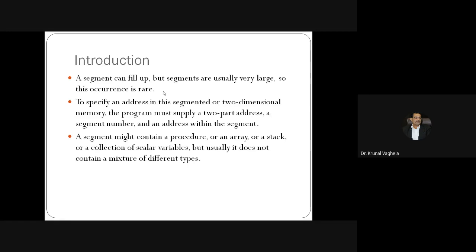To specify an address in a segmented, two-dimensional memory, the program must supply a two-part address. One is the segment number and the second is the address within the segment. Earlier you had only one address space, so there was no need to supply the address and segment separately.